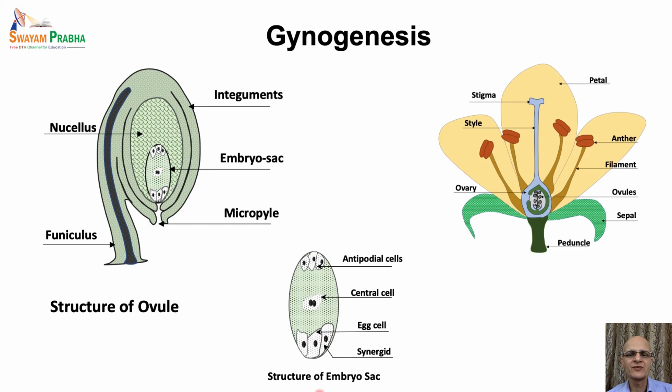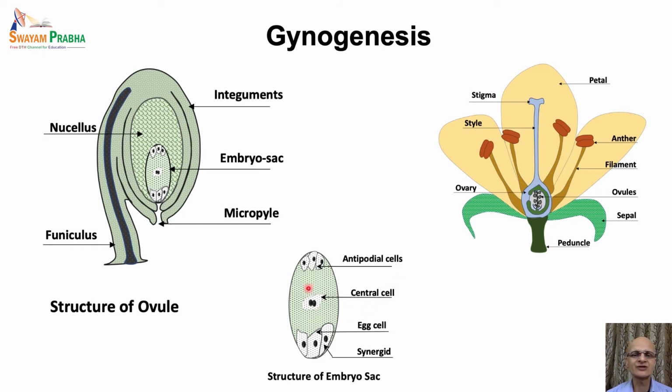A female gametophyte in angiosperms is made up of 7 cells that have specific arrangements and specific developmental roles. The 3 cells towards the chalazal end of the embryo sac are called the antipodal cells.